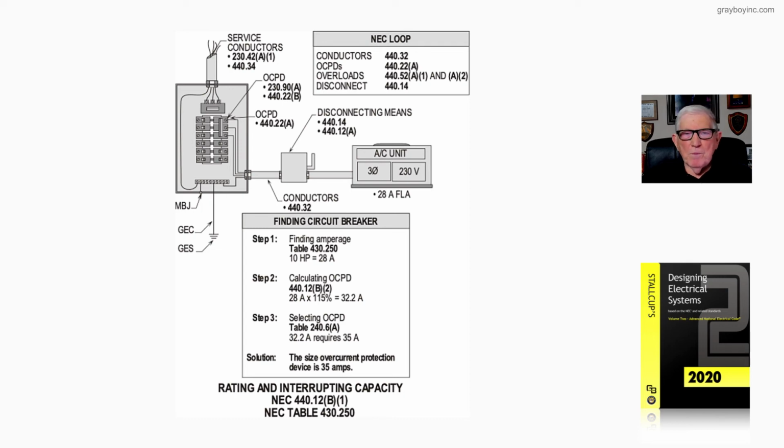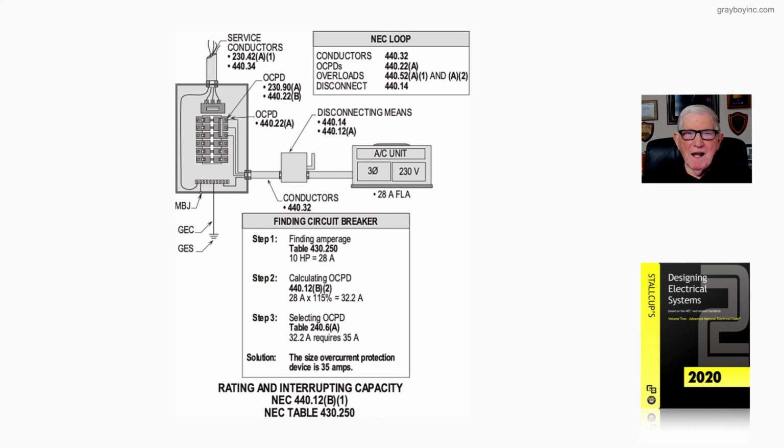Selecting the appropriate breaker, if you were using it, then you'd go to table 240.6a in the step 3 you see, and 32.2 would require 35 amp rated non-automatic circuit breaker, or if you were using a disconnect switch, then naturally that 35 would require to be a 60 amp rated horsepower rated disconnect.